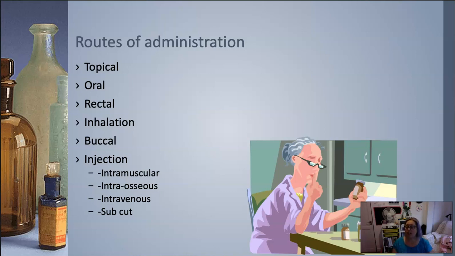So topical applications are very useful in specific areas, such as eye drops and ear drops, because they can be controlled as to where we put them and they have a direct, immediate effect. But they do have a negative in that they don't affect us systemically. They only tend to affect the area where you're administering them.